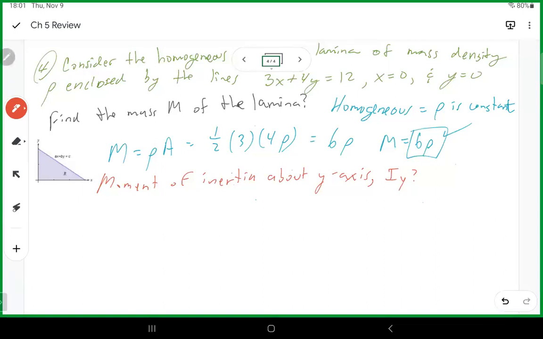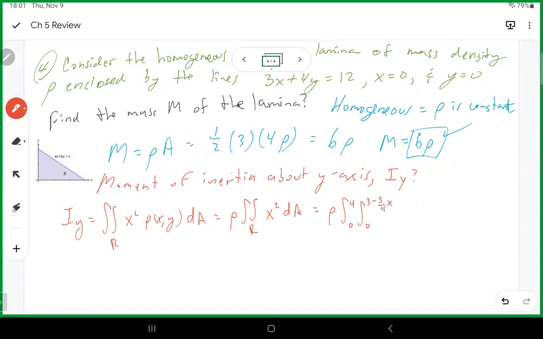Okay, so to find I sub y, or your inertia about the y-axis, we may end up needing another slide for this.